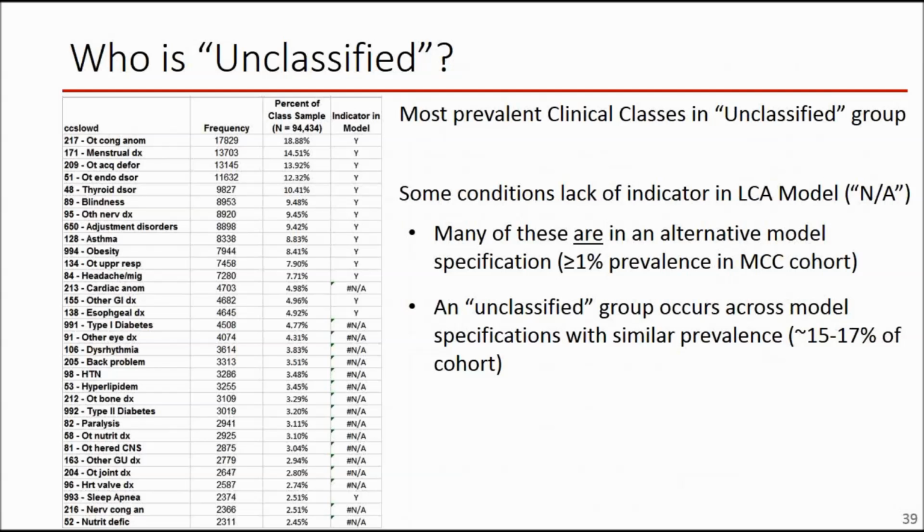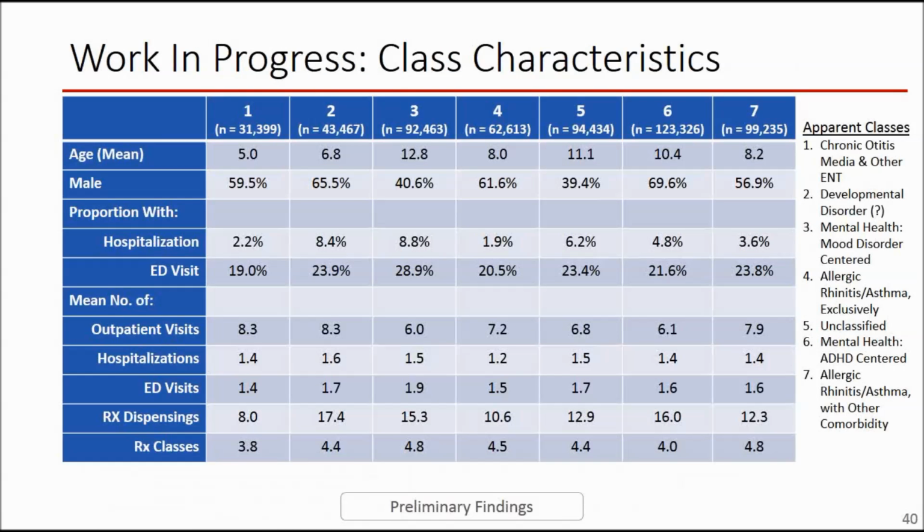This is a group that has a relatively high prevalence of menstrual disorder compared to other classes, which will show up when you look at the demographic characteristics of that class. But regardless of which LCA model specification, which way we run it, we always end up with an unclassified group. There's just a group of kids who don't sort cleanly into one of the other classes. So that is probably just going to be an artifact of the analysis and something we'll look at.